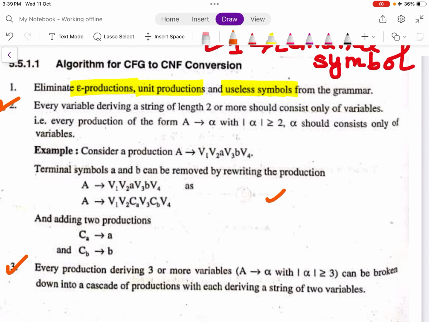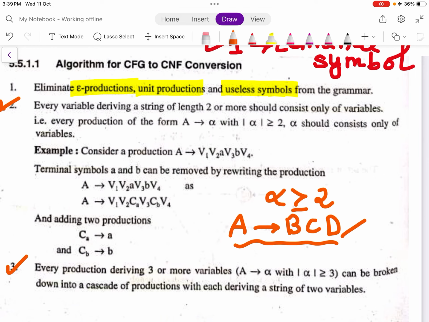So wherever you find that the length of alpha is greater than or equal to 2, suppose A giving you BCD, if this is the form, then this is not allowed because only two variables are allowed.